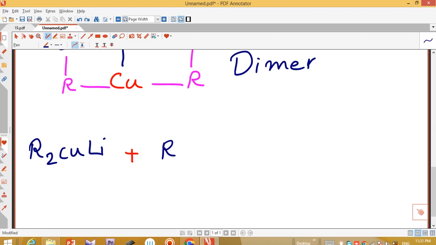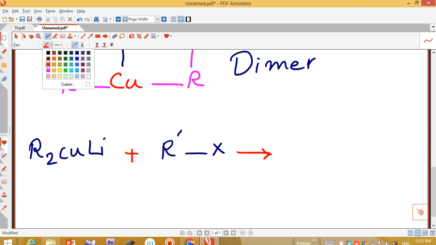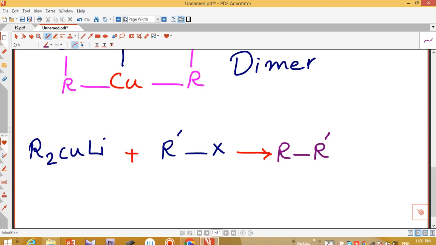Okay, so R prime X. And here we will have R prime along with R copper with lithium X. So our alkane is asymmetric. We have solved the problem of other reactions. Now we can synthesize an asymmetric alkane without any problems.